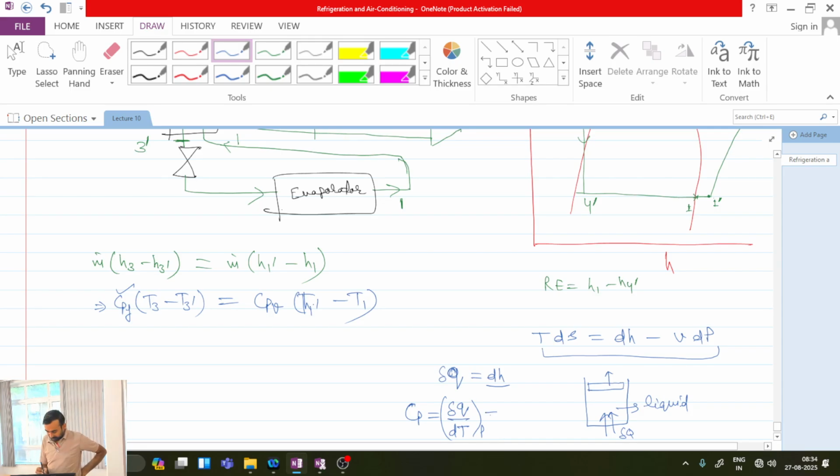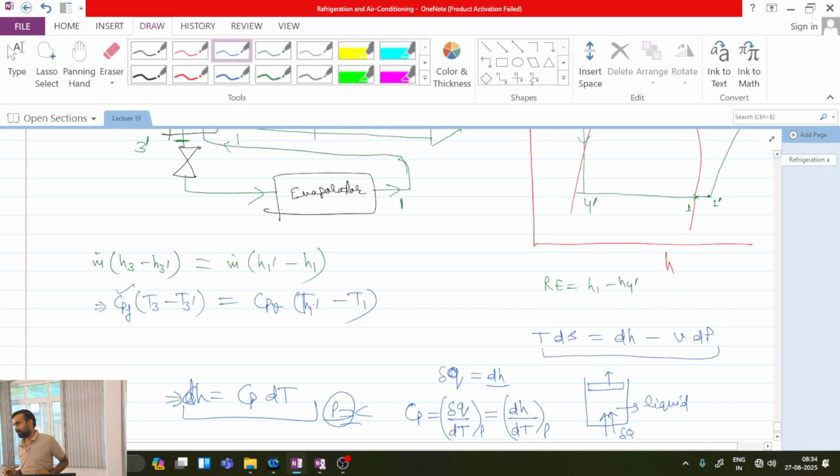Okay. Now under this condition, what you will be finding? You will be finding that delta Q is equal to dH by dT for constant pressure. And from here, you will be finding that dH is equal to Cp into dT, but this will be applicable only when my process is actually constant pressure. Okay.